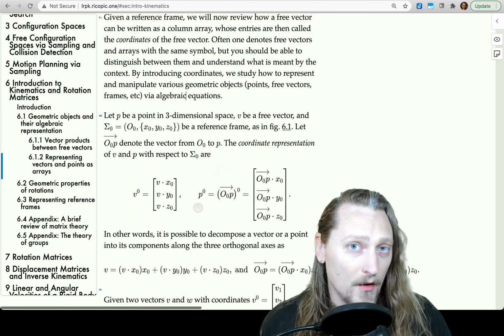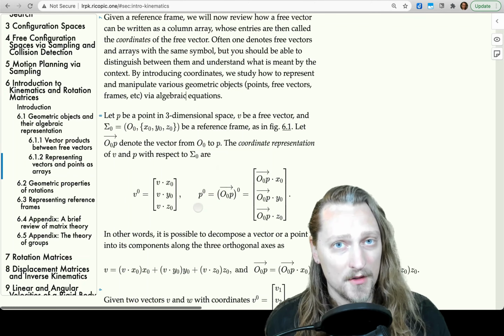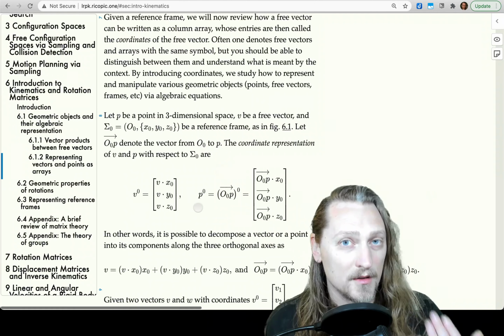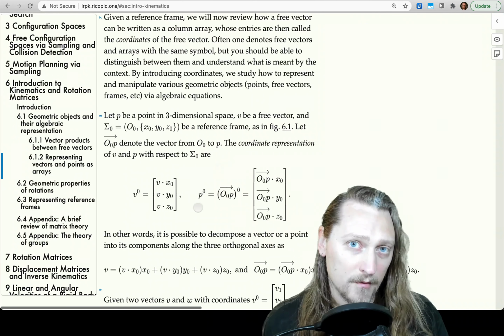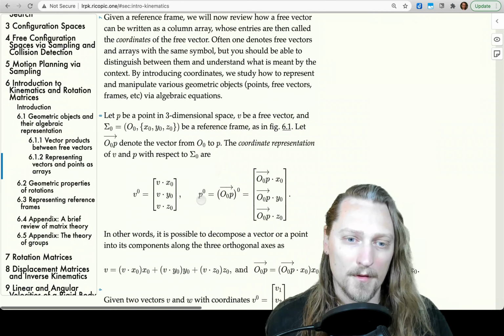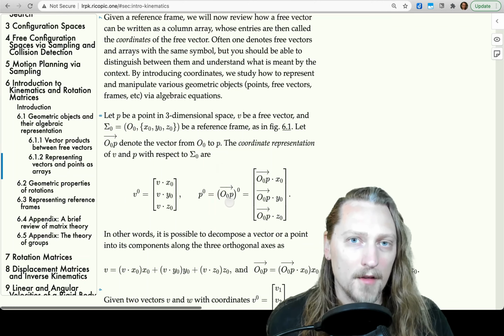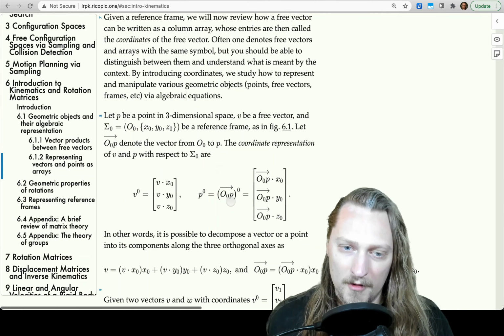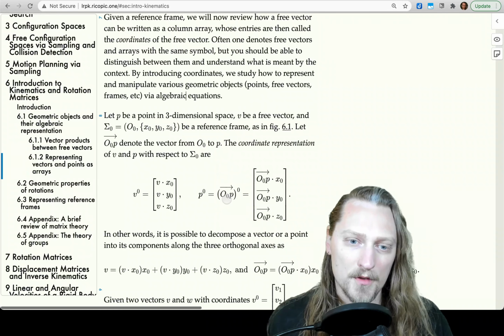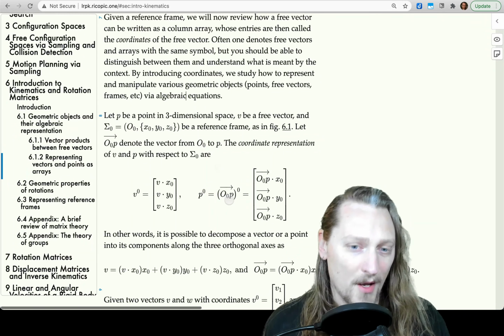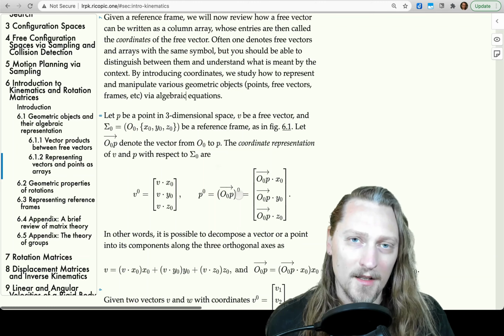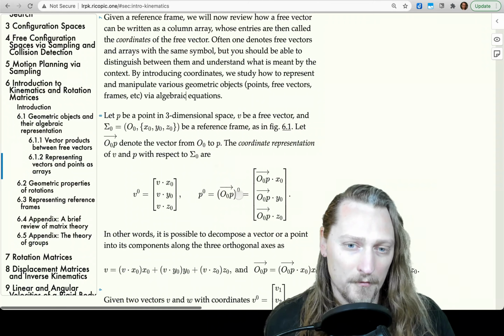Similarly, you can also represent a point P, which is another geometric object. You can denote it in a specific reference frame, the 0 reference frame in this case. So P with superscript 0 is, by definition, the vector O0 to P, okay, which is a geometric object expressed in the 0 reference frame.